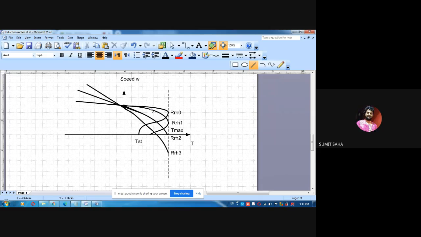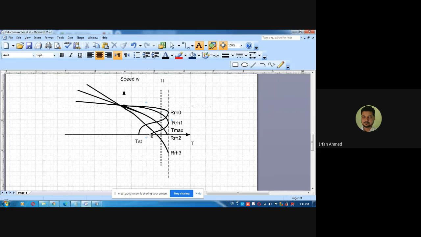Suppose this is the load torque. It is greater than the starting torque.